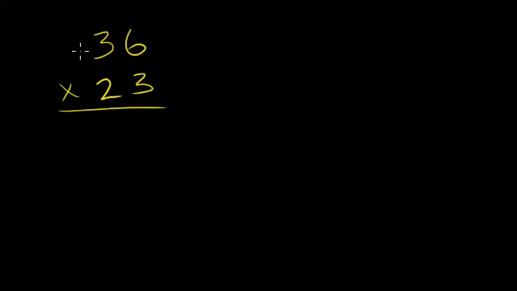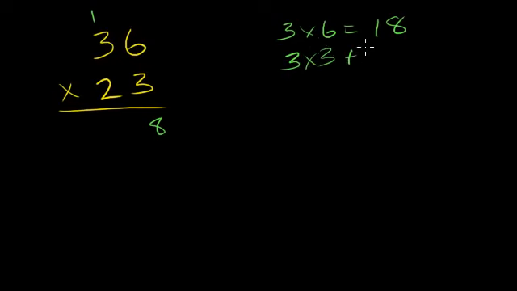Aha. So you start off doing this problem exactly the way you would have done it if there was just a 3 down here. You can kind of ignore the 2 for a little bit. So 3 times 6 is equal to 18. So you just put the 8 here, put the 1 there, because it's 10 plus 8. 3 times 3 is 9, plus 1 is equal to 10.